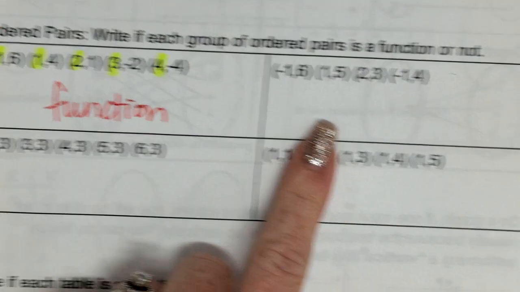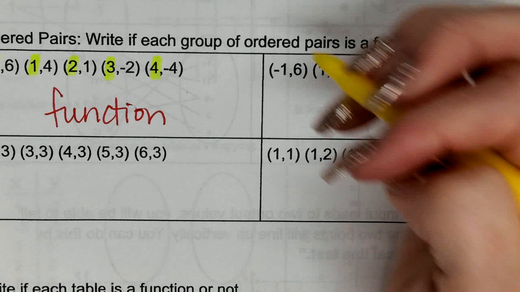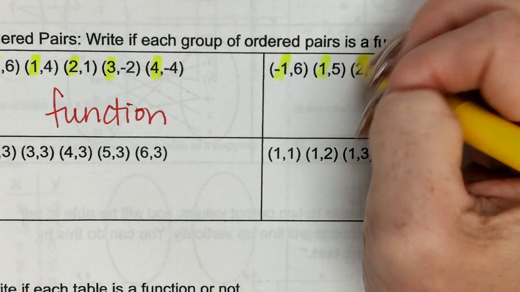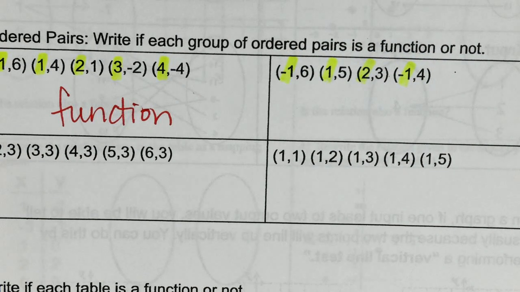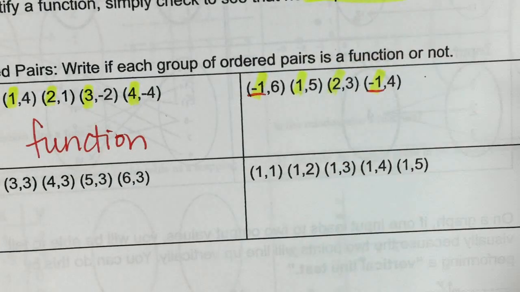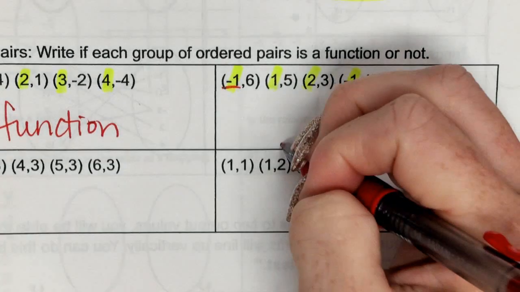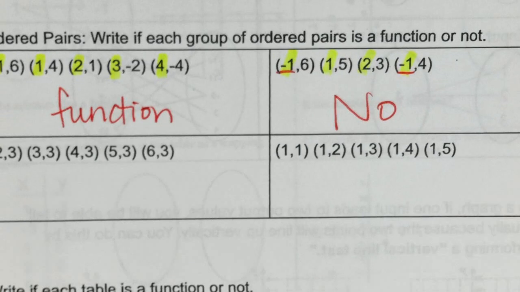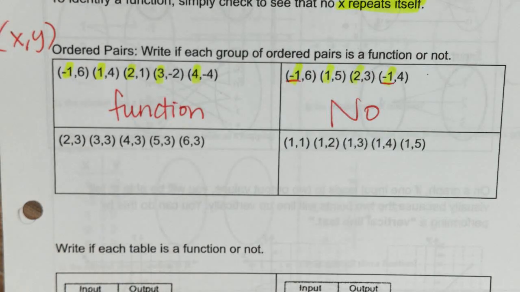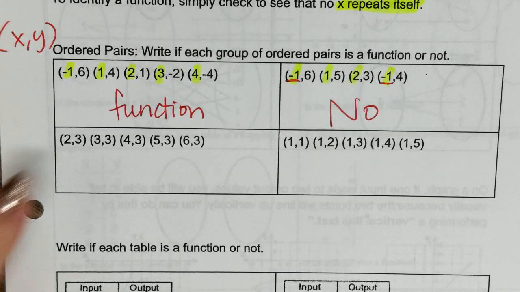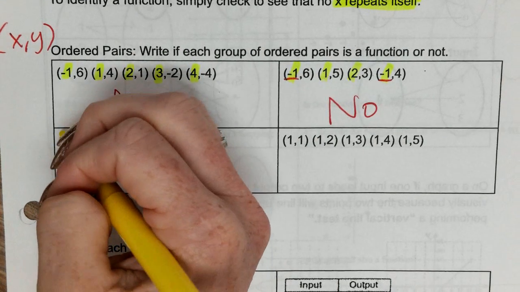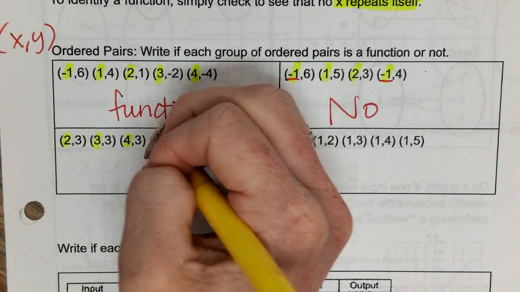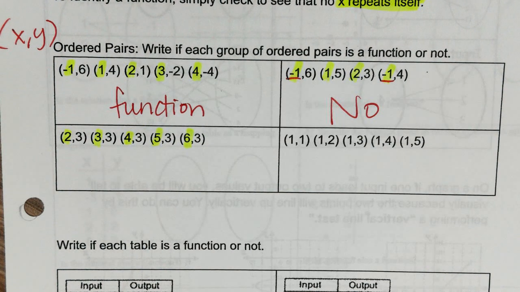Okay, let's go across to this one. Highlight the x's. Did anything repeat? Yes. What repeated? So was this one a function? No, not a function. Okay, let's go to this one right here. I'm going to highlight 2, 3, 4, 5, 6.